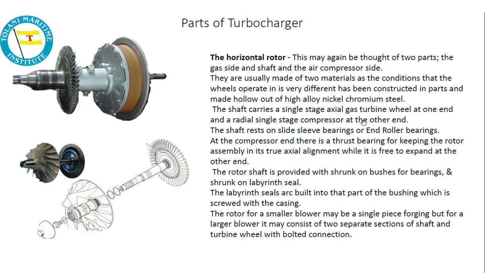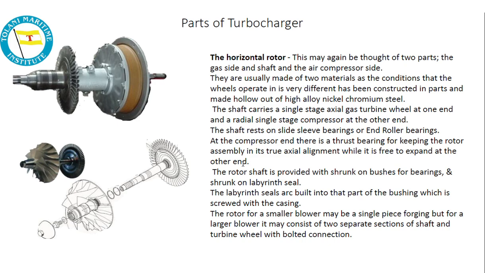The rotor shaft is provided with a shrunk-on bush for the bearing and a shrunk-on labyrinth seal. The labyrinth seals are built into those parts of the bushing which is screwed with the casing. The rotor for a smaller blower may be a single piece forging, but for a large blower it may consist of two separate sections of shaft and turbine wheel with a bolted connection.